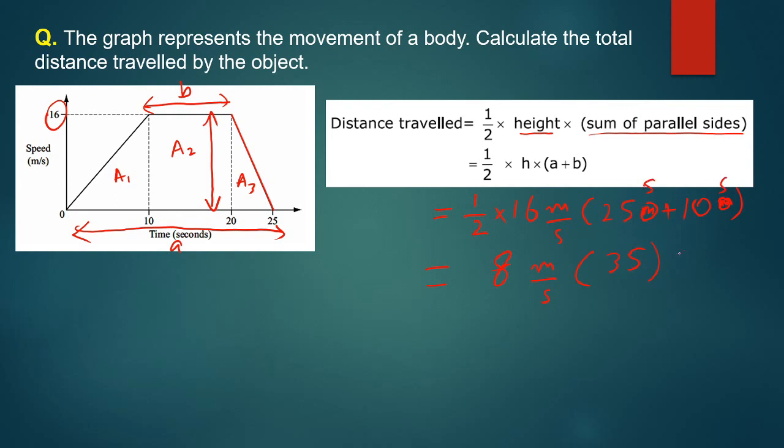So that's going to be 35 seconds. So second is cancelled by second. So 8 times 35 is 280 meters. So this is how we can calculate the distance traveled.